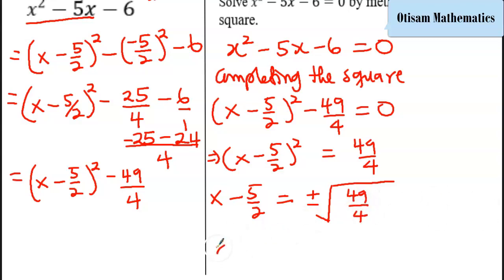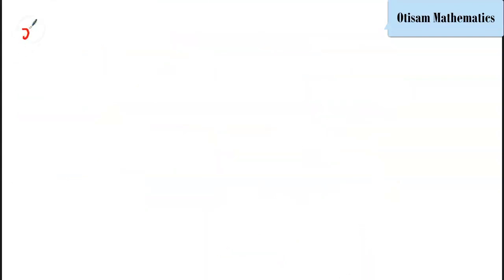So we have x minus 5 on 2, which is equal to plus or minus. Why plus or minus? It indicates that we are going to get two solutions. So you can write it as root 49 over root 4. So x minus 5 on 2 is equal to plus or minus square root of 49 is 7 on square root of 4 is 2.